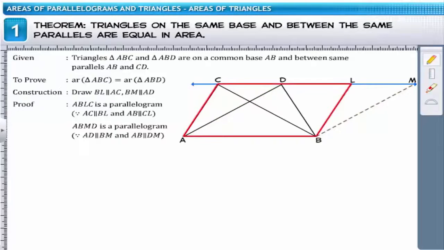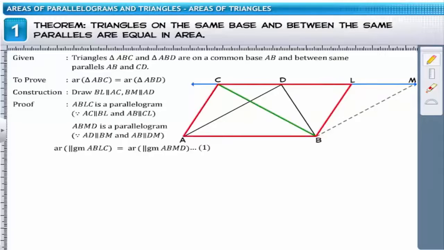Parallelograms ABLC and ABMD are on the same base AB and between the same parallels AB and CM. This means that they are equal in area. Let's term this as equation 1. Now, let's consider the diagonals of these parallelograms. BC is the diagonal of parallelogram ABLC.